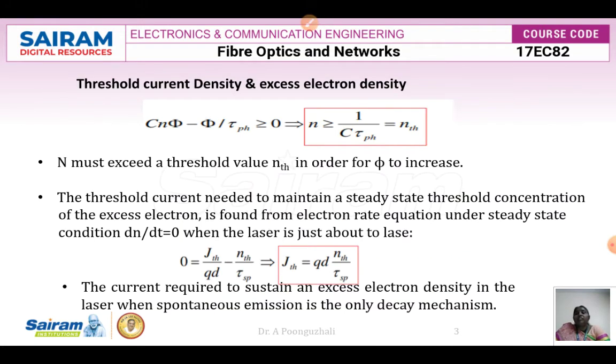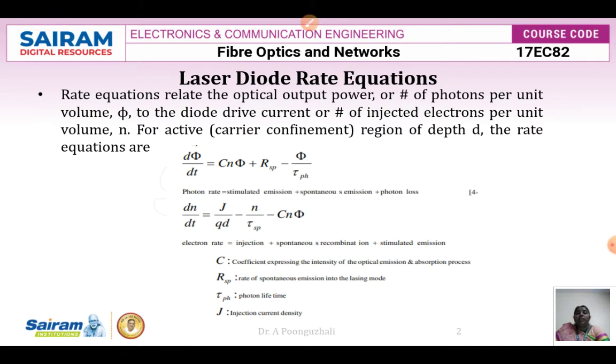So here the threshold current density and the excess electron density in terms of the photon flux are going to be obtained under equilibrium conditions. We know that d phi by dt is equal to 0. Under equilibrium conditions the spontaneous emission is a very small value compared to the stimulated emission, so we can neglect Rsp.